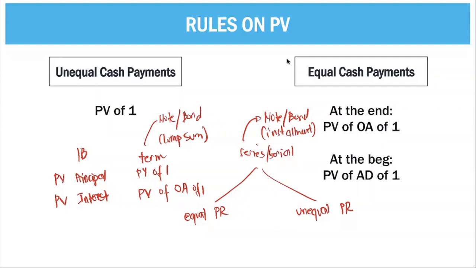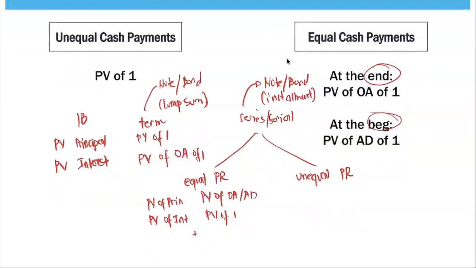You get your PV of principal by using present value of ordinary annuity or annuity due, depending on whether you will pay at the end or at the beginning of the period. And then to get the PV of interest, we use present value of 1. Take note, since they have equal principal repayment, interest payment differs from year to year.